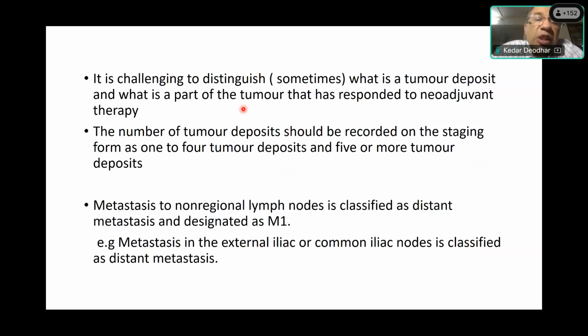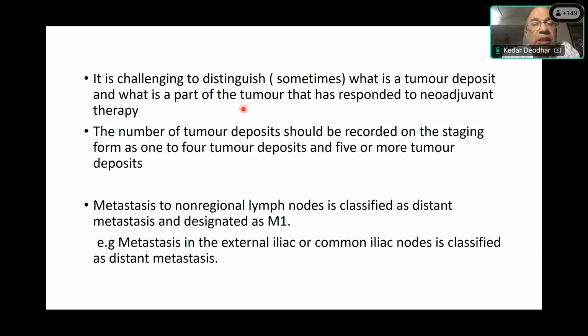Does that mean it's a tumor deposit, or is this a tumor area? This again is very challenging to distinguish between whether it's a node or tumor. By and large, in the area of tumor, we call it a tumor, and depending on the size or location, we call it PT1, PT2 or PT3.